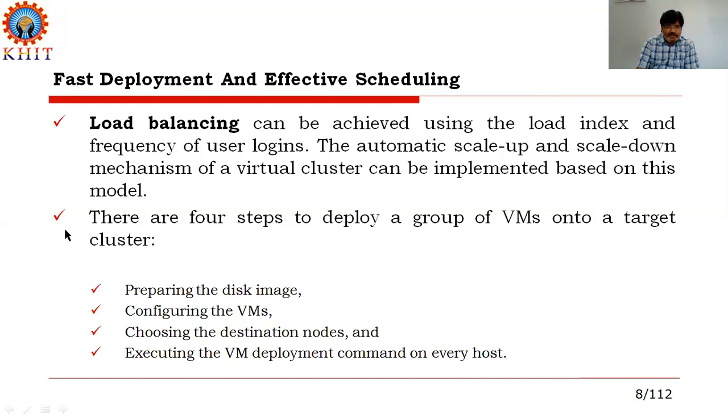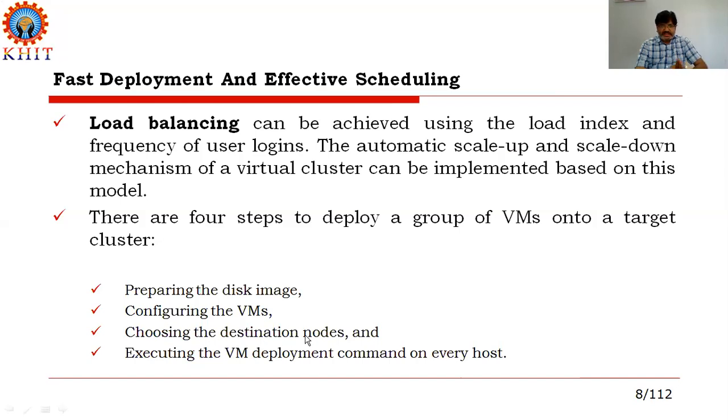First, what are the 4 steps for deploying a virtual machine on a target cluster? We will see here. The first one, before deploying a virtual machine on a target cluster, is preparing the disk image. Second one is configuring the virtual machine. The virtual machine is configured with another virtual machine based on the needs.